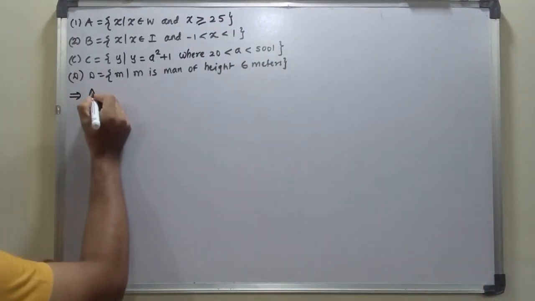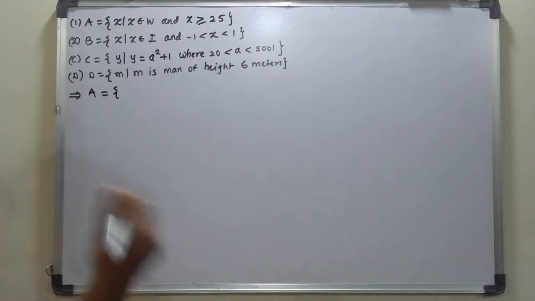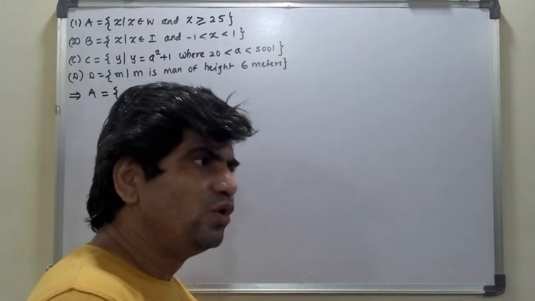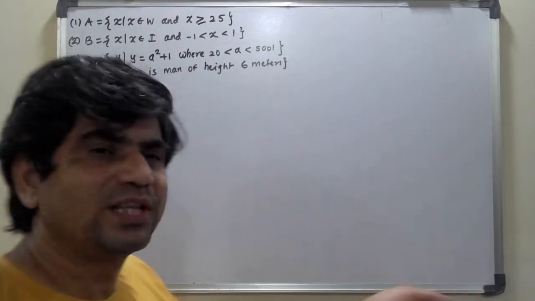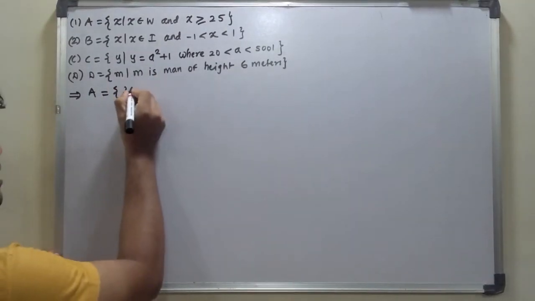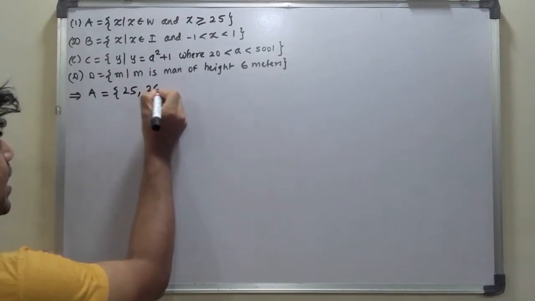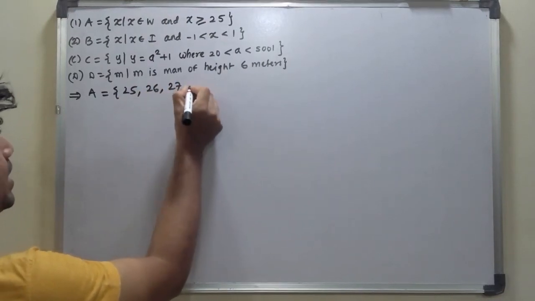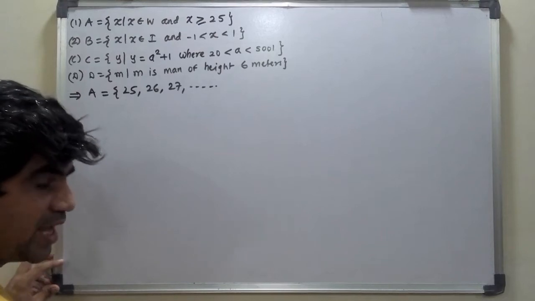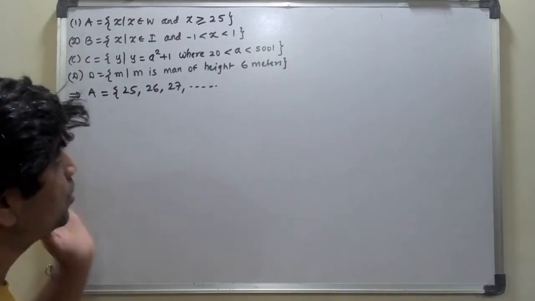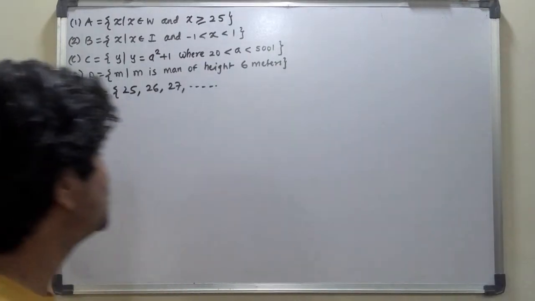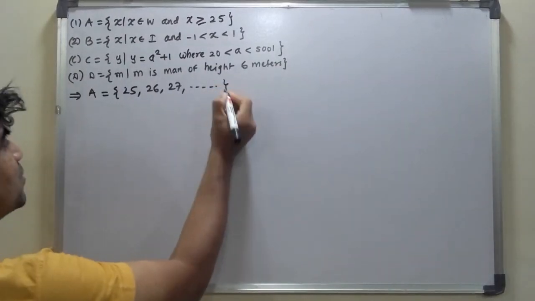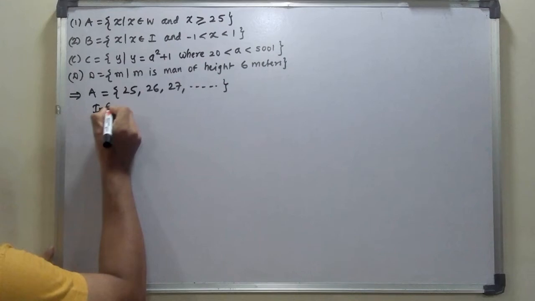To understand better, the listing method is always very useful. You take all the numbers which are 25 or more, that is 25, then 26, 27 and so on. Is it going to stop? No, because every number you take will be greater than 25. So it is going to go on continuously. It is an infinite set.